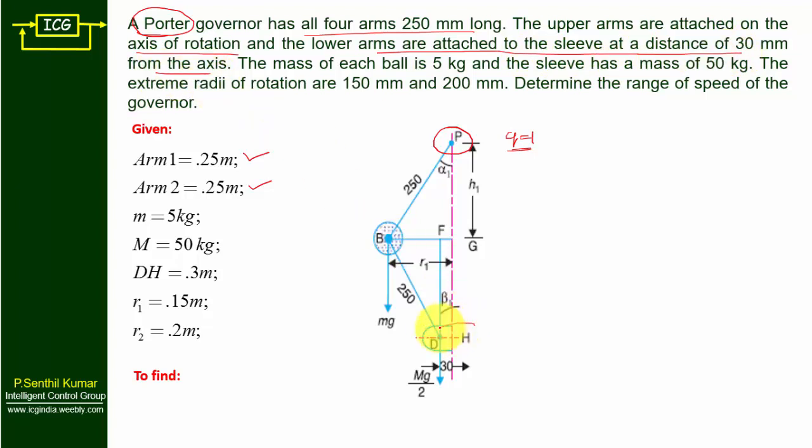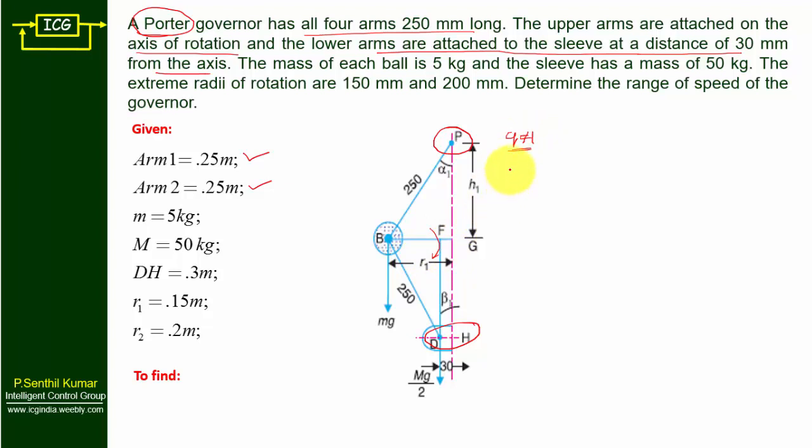So there is an offset in the lower arm. Because of this offset, these two triangles are not symmetric. Even though the upper arm is attached on the axis of rotation, the bottom arms are offset by 30 mm, so q is not equal to 1.